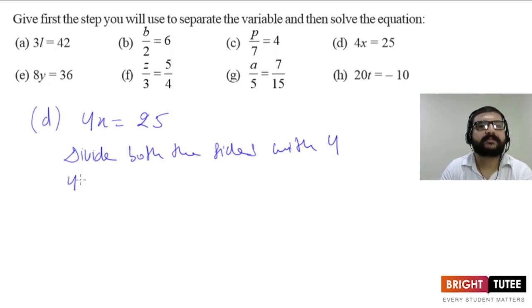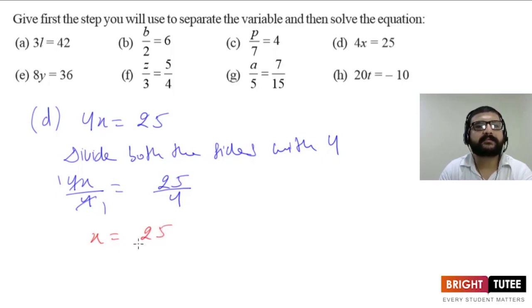So by doing that, we will get 4x upon 4 is equal to 25 upon 4. Now for simplifying this, we can cancel this 4 with this 4 and we will get x is equal to 25 upon 4. Hence the final value of x is 25 upon 4.